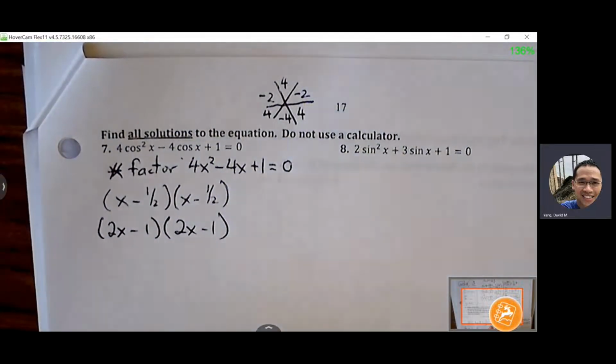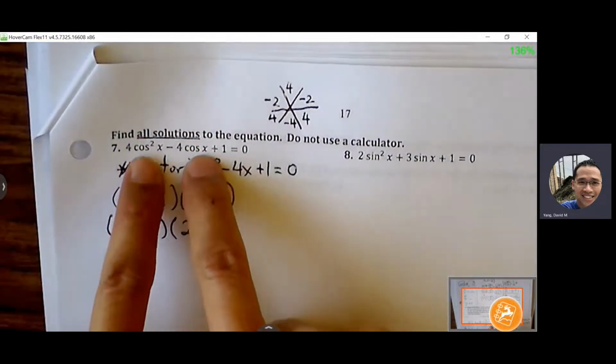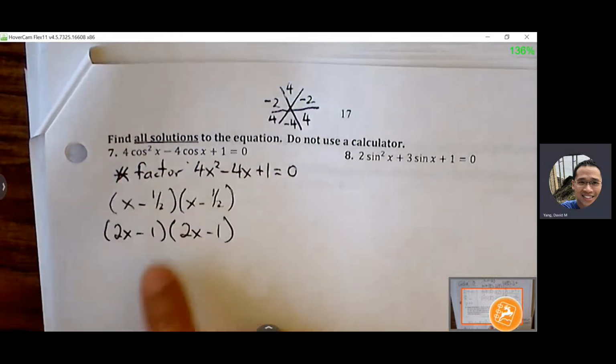Now that we have factored form, we can bring the x back to in terms of the original variable cosine.